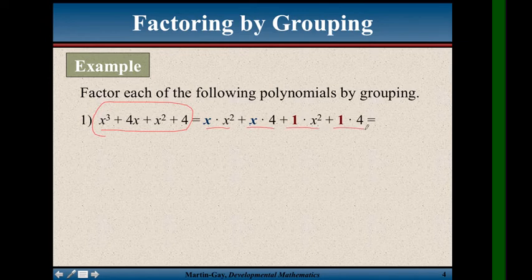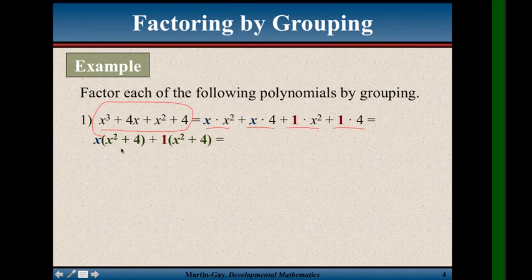And for this one, 1 times 4. Then we can arrange them by grouping. So we have x times x squared plus 4, and then we have 1 times x squared plus 4.